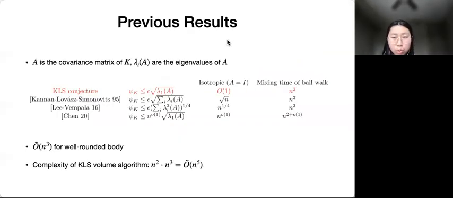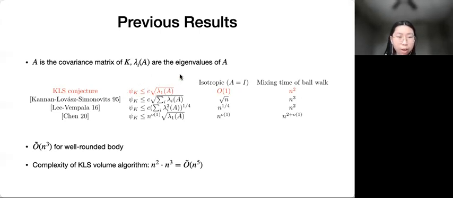Here are some results approaching the KLS conjecture. Suppose A is the covariance matrix of K, and lambda i are the eigenvalues of A, where lambda 1 is the largest one. There are results bounding psi K by a function of the eigenvalues of A, so even if K is not isotropic, we get some results.